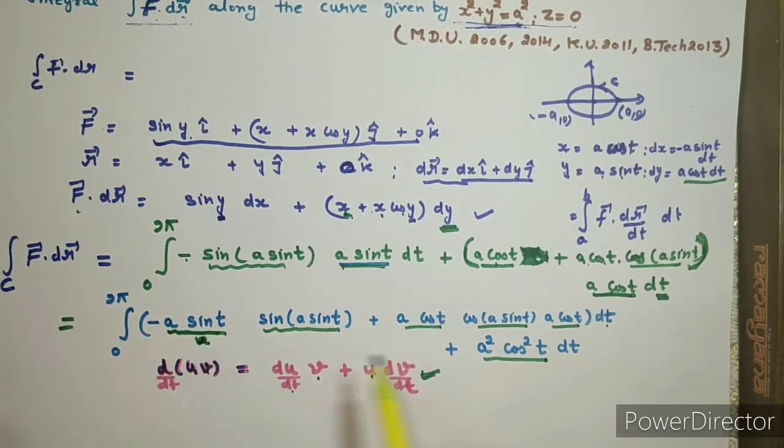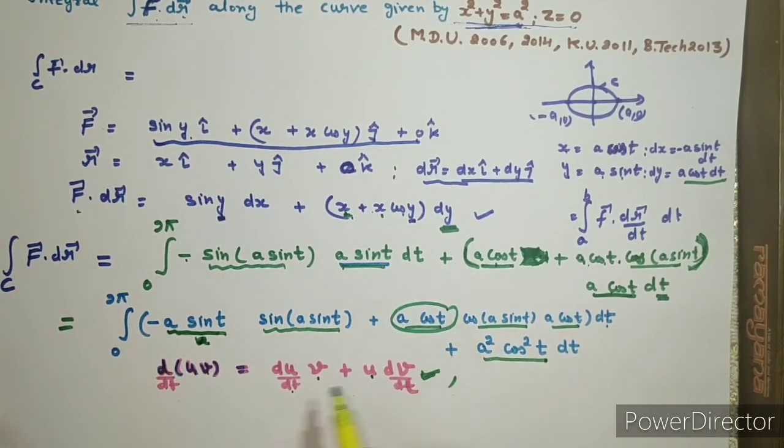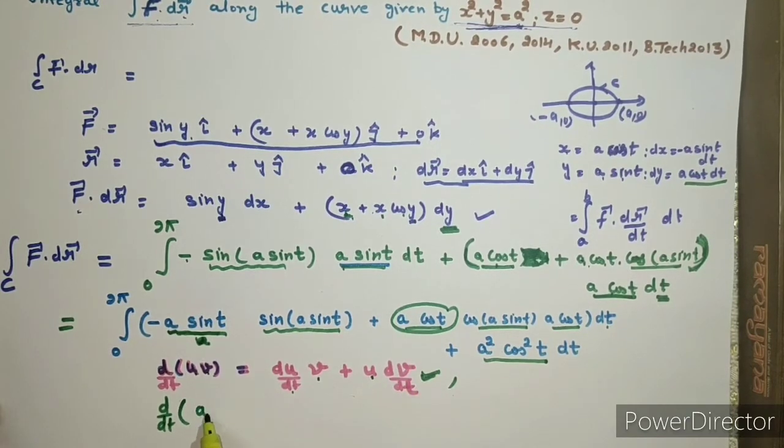Not, this is not u. I'm taking here u is this one. So d by dt of, if I wrote here a cos of t, this is my u, and I wrote here sine a, if I take this one, sine t is this one.